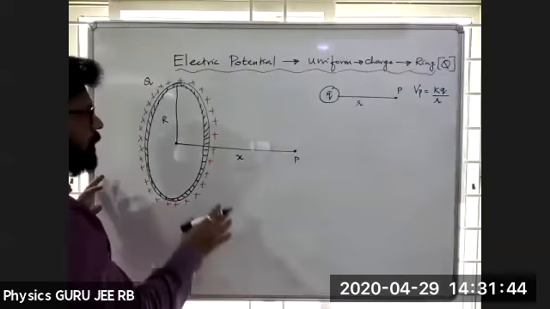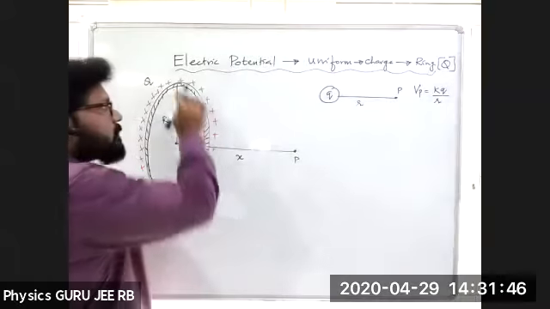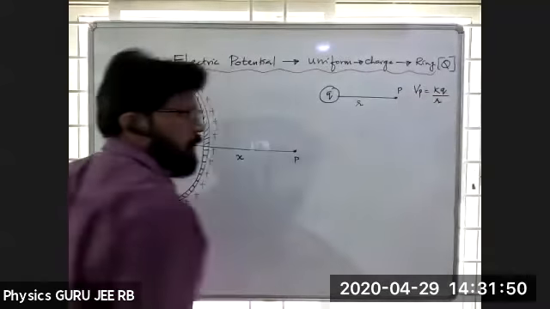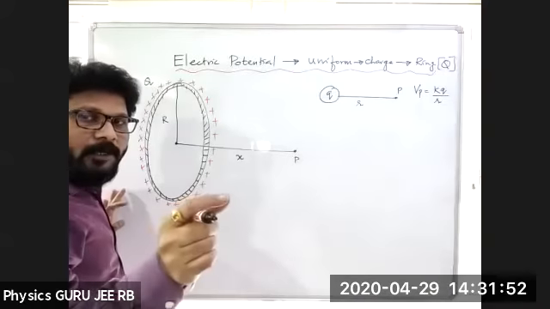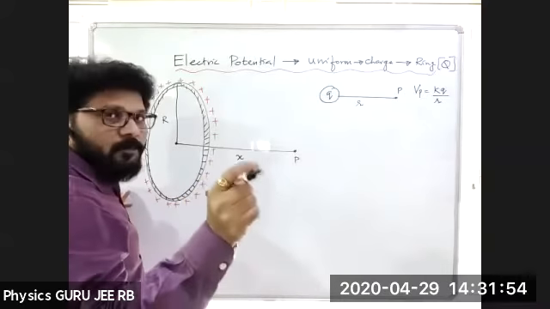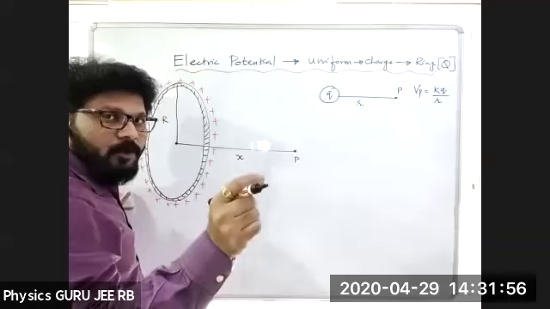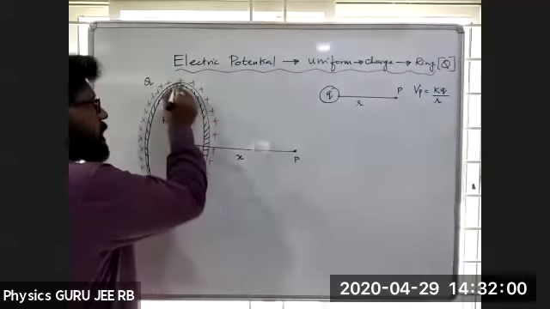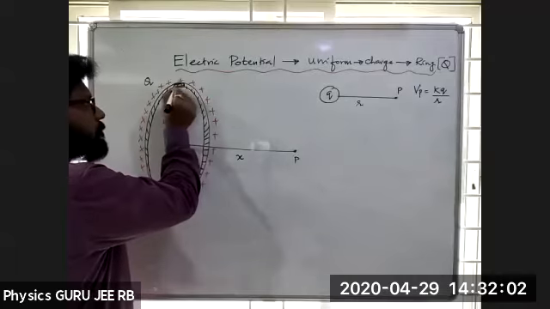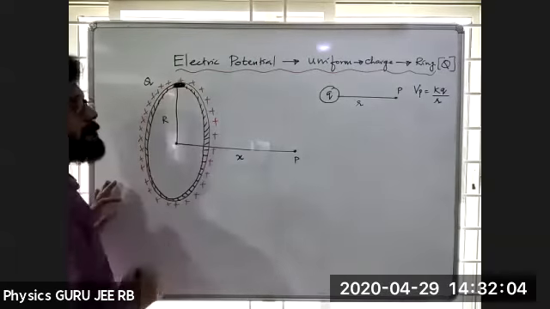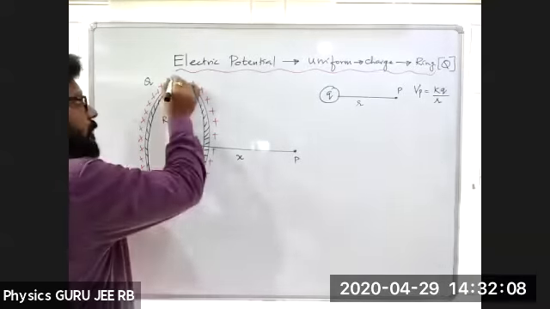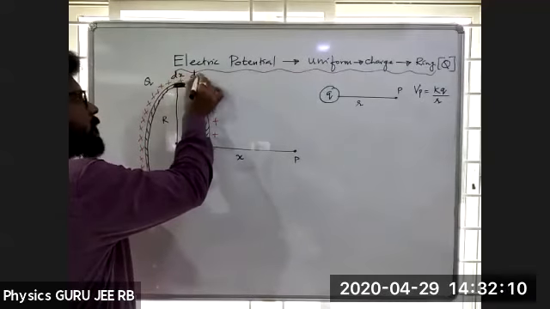Now what we'll do, we'll take a small element from this. If I want to apply this KQ by R, what I require is a small charge, or a small element. If I take a small part from here, of dx length and dq is the charge.